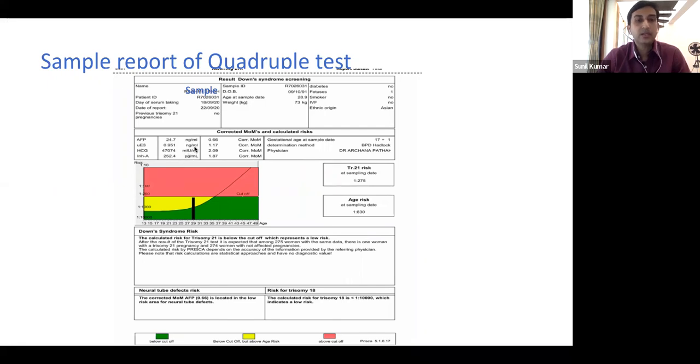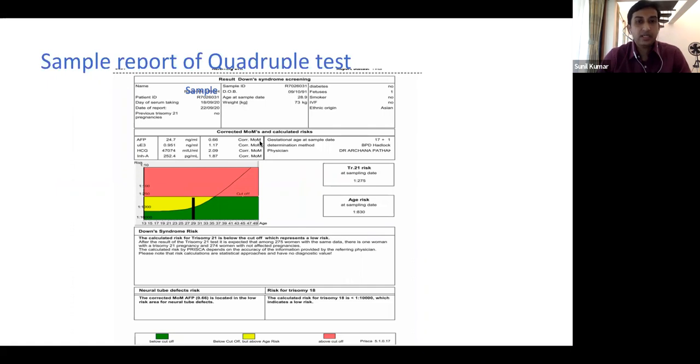So it is difficult to assess how much value is normal or abnormal. That's the reason all these values are matched with a mother who has similar biochemical background history, age history, everything.